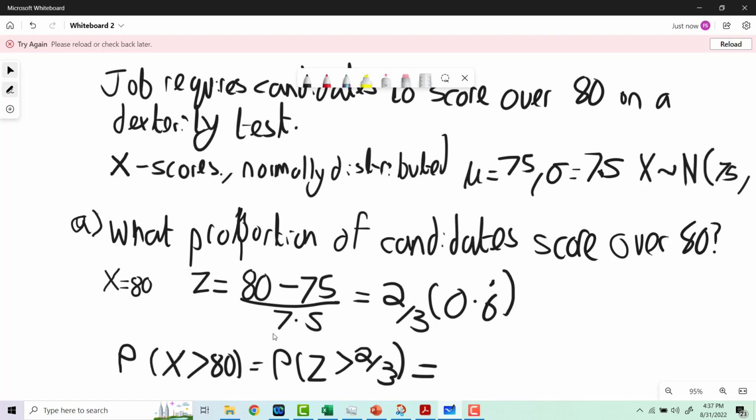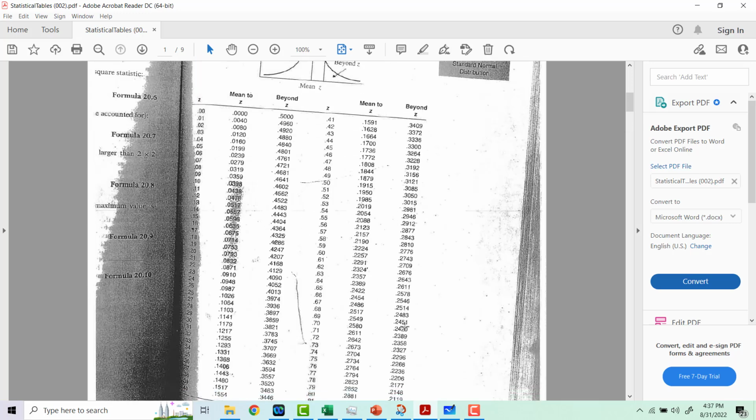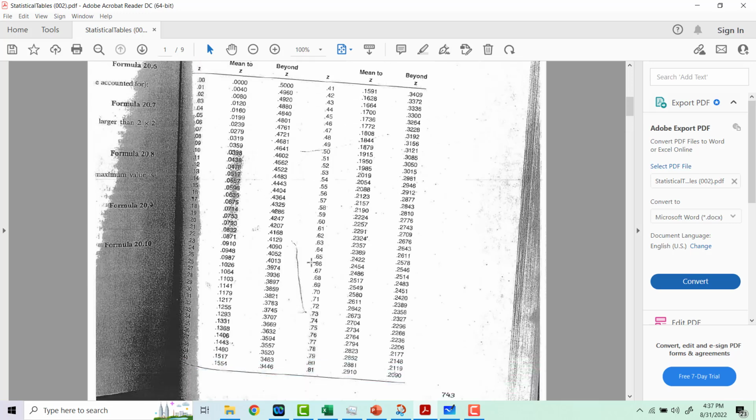Let's just have a look at what happens in the table. 0.66 is 0.2546, and 0.67 is 0.251. So 0.251 and 0.255. We're going to say about 0.253 in the middle.